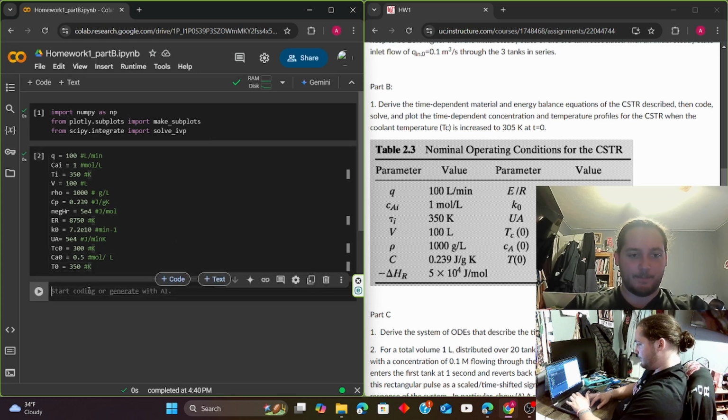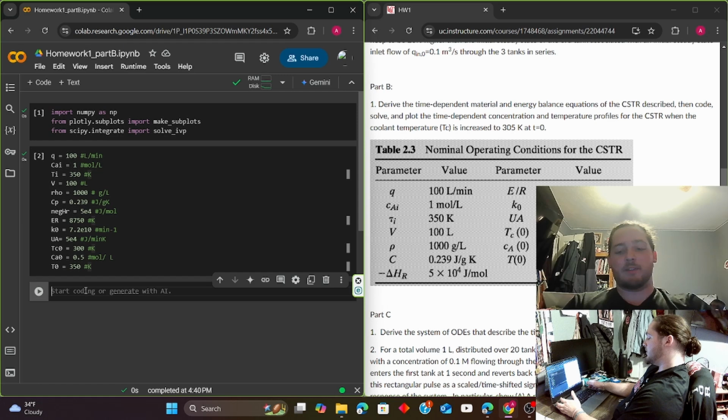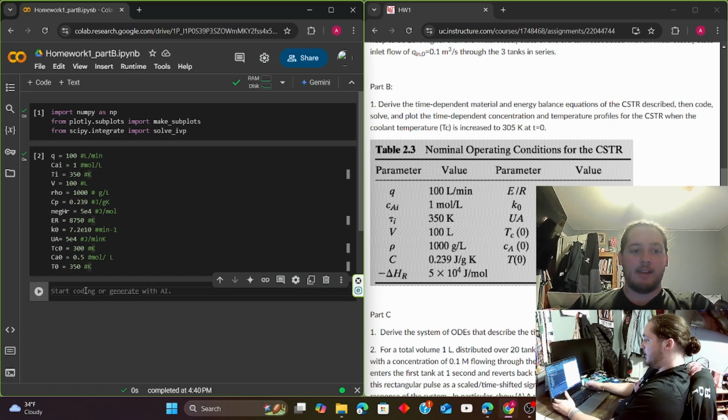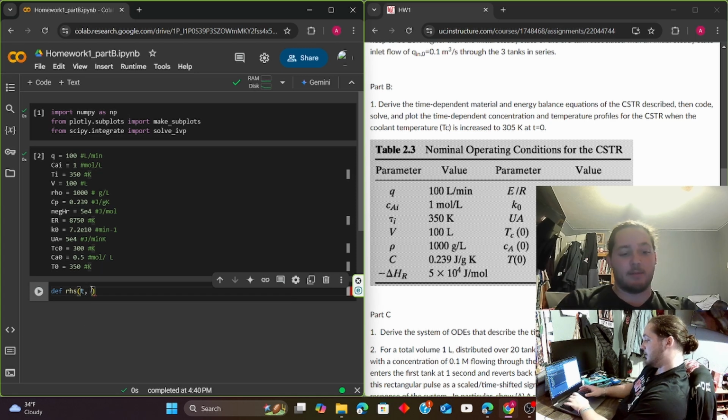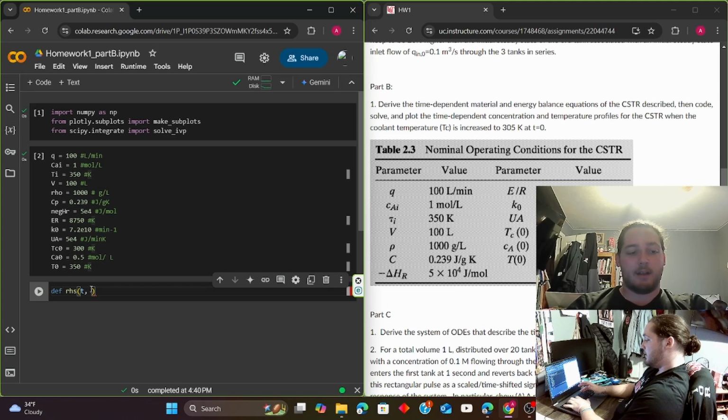With the initial conditions in, we want to go ahead and start defining our function which we are going to solve using the solve_ivp function. So we want to define the right-hand side of a function. And again, our independent variable is time. And then we are following it by our dependent variables here. And for this instance, we want to use a vector, and that is because we have more than one.